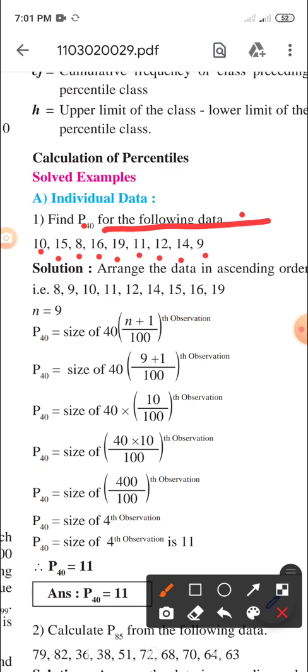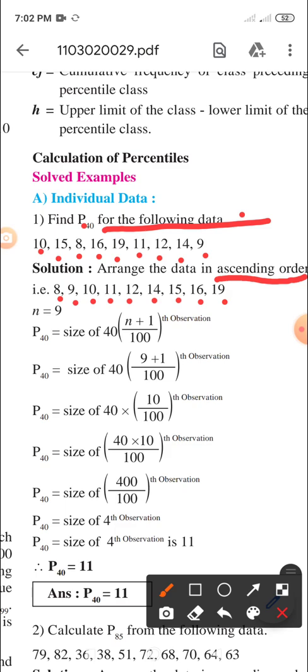So the first step is to arrange the data as per ascending order: 8, 9, 10, 11, 12, 14, 15, 16 and 19.